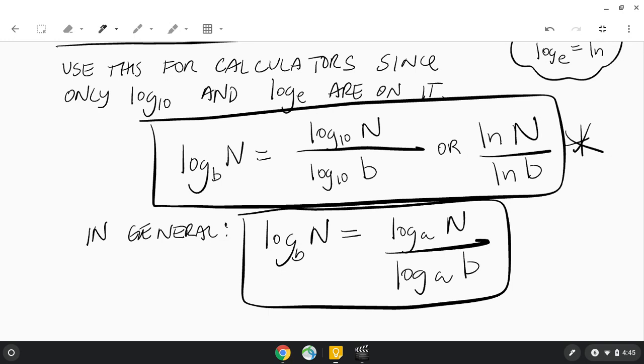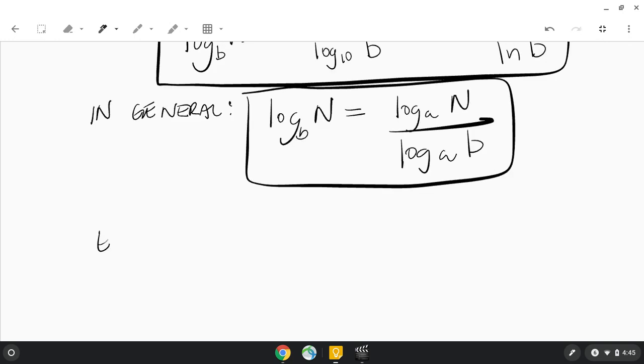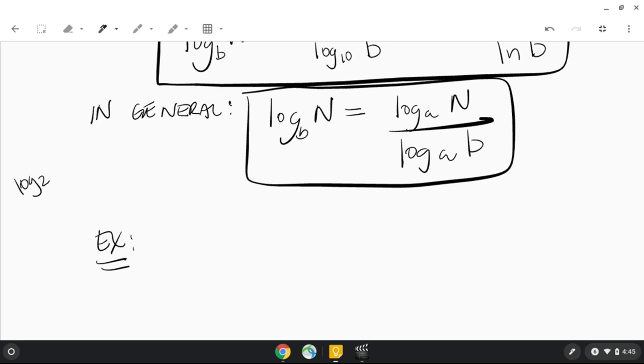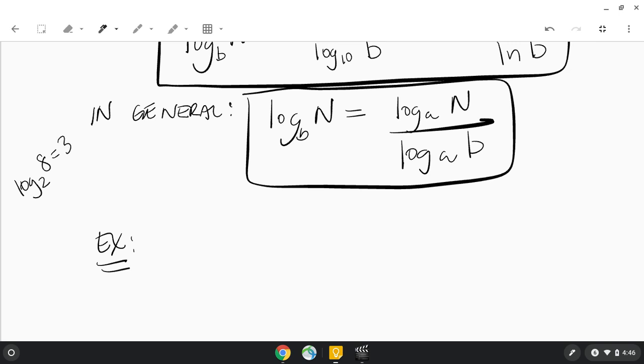Okay, so let me give you an example. So here, I'm just going off to the side. You don't have to copy this. We know what this answer is, right? We don't need a calculator to figure that out. Log of 8 base 2. This answer is 3 because 2 to the third power is 8, right? Okay, so that's fine.